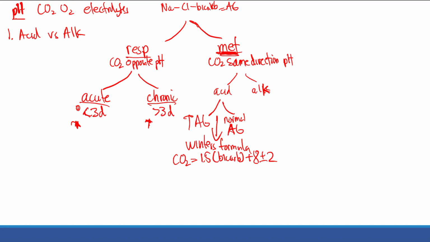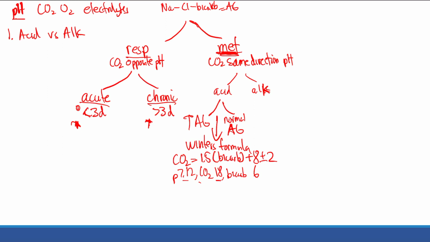Let me give you a quick example. This patient has a pH of 7.12, CO2 of 18, bicarb is 6. Okay, so you know it's an acidosis. Remember, is it metabolic or respiratory? You see here the CO2 is down, pH is down, so it's metabolic acidosis. So now we can use Winter's formula to see if there's appropriate respiratory compensation, because it's a metabolic acidosis.